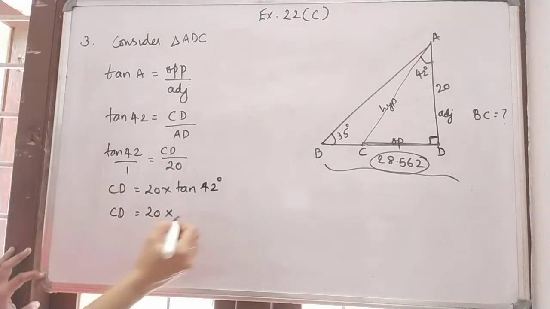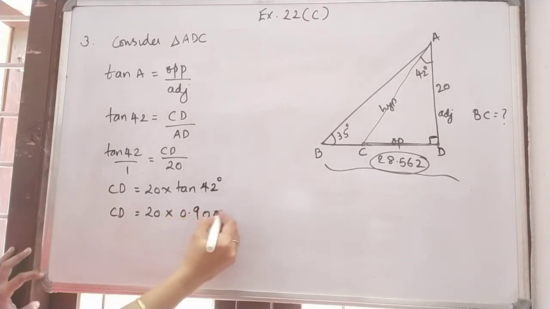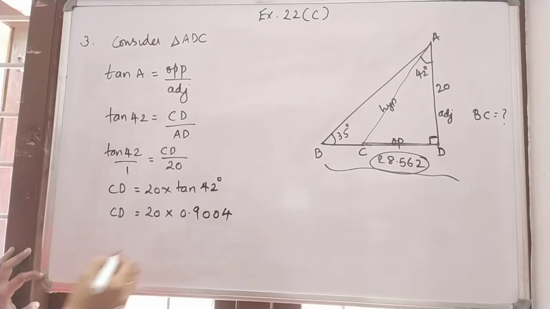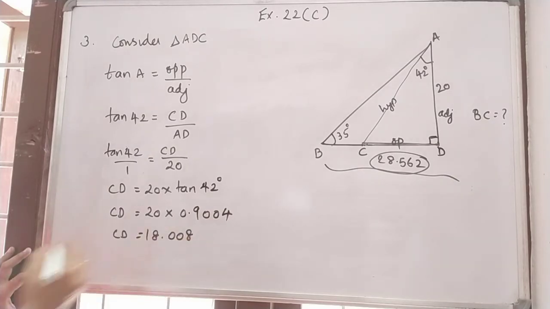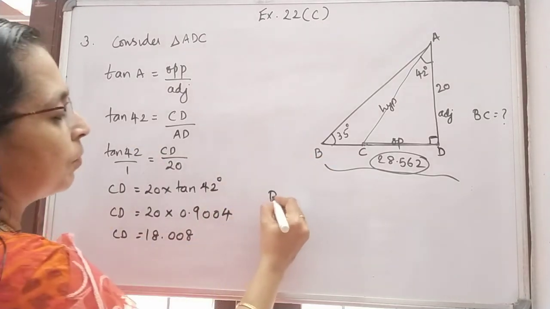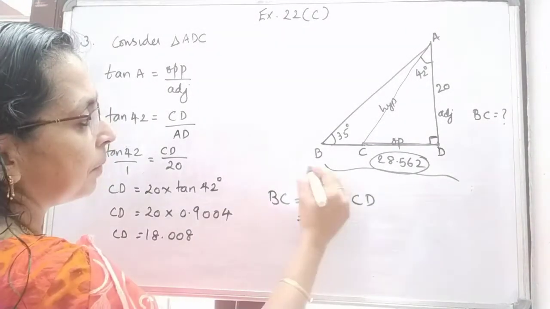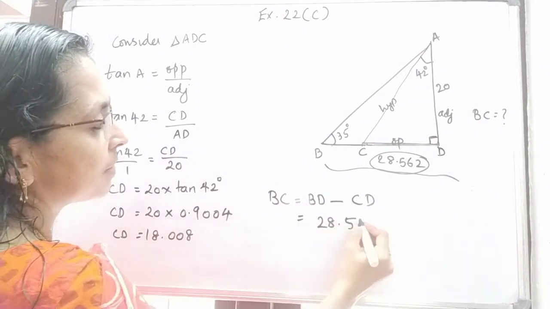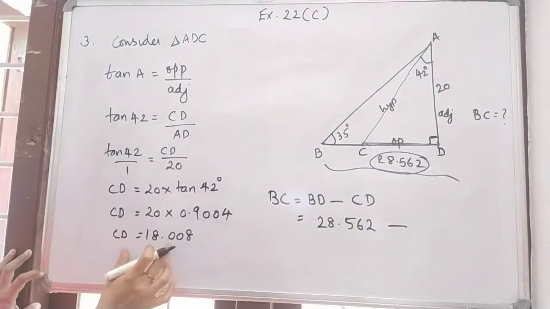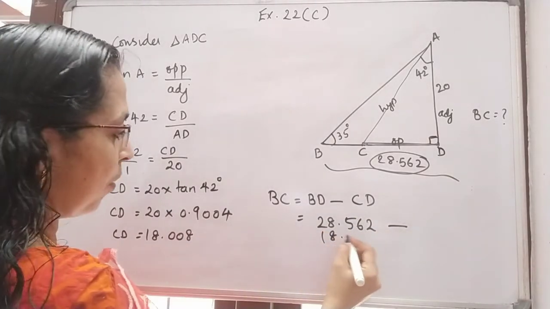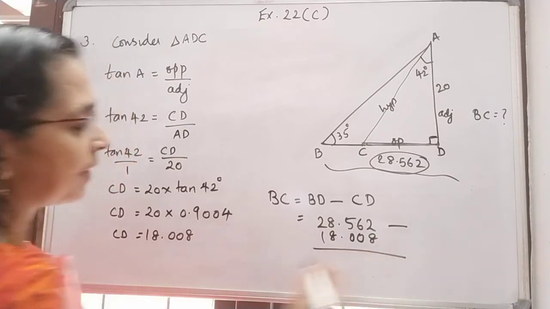From the table, tan 42 is 0.9004. Multiply, CD is equal to 18.008. So BC we have to find out. BC is equal to BD minus CD. That is, BD is 28.562 minus CD, which we got as 18.008.